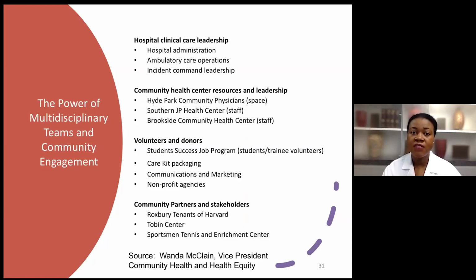Every one of the examples that I showed required hospital clinical leadership to be deeply engaged in the work, required resources within our clinical settings, including our community health centers, required volunteers and donors, including nonprofit agencies who provided access to food and other resources, as well as community partnerships and stakeholders who were key partners in making sure that we identified issues that needed to be addressed quickly and that we were able to respond in ways that patients and community residents could access.